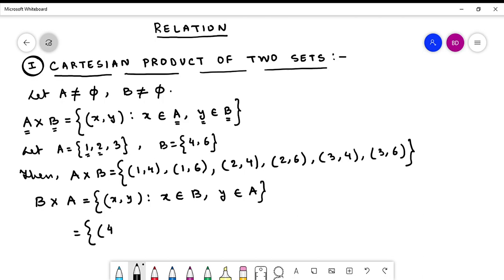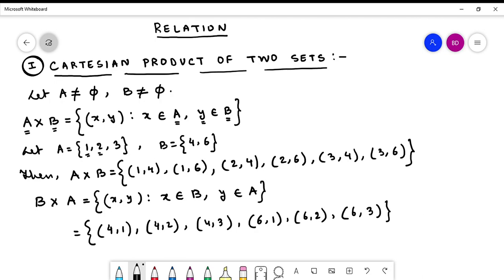Then I will pair up 4 with 1, 4 with 2, 4 with 3. Now 6 paired up with 1, 6 with 2, 6 with 3.